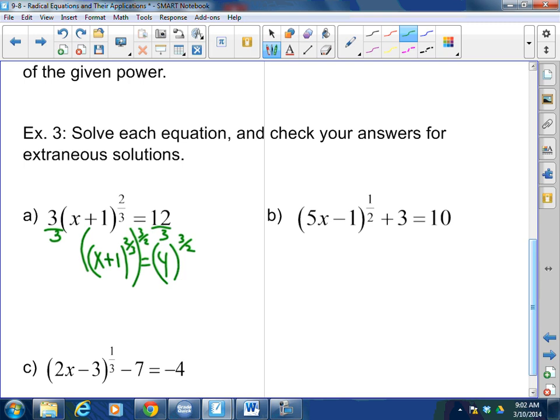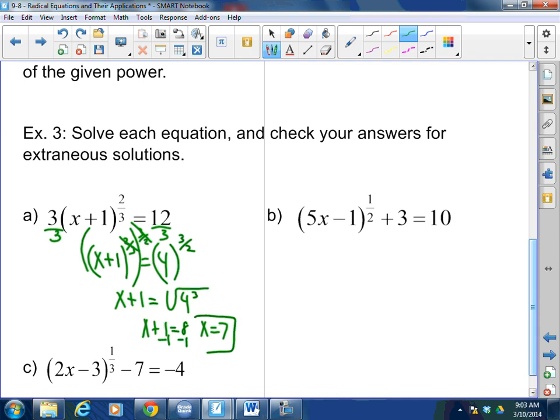If I raise it to the 3/2, this goes bye-bye, and I got x plus 1 now equals the square root of 4 cubed, right? Right, guys? The square root of 4 cubed. What's the square root of 4? 2 cubed is 8, so x plus 1 equals 8. Subtract the 1 to both sides.